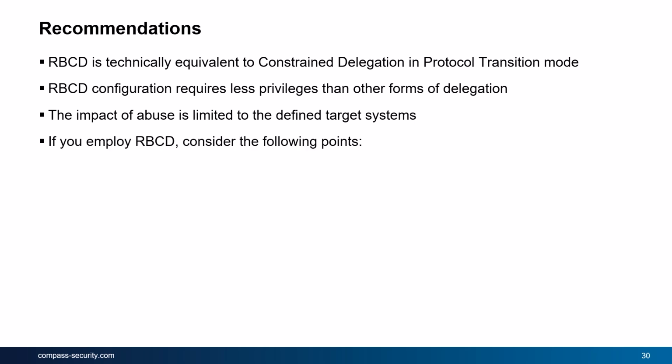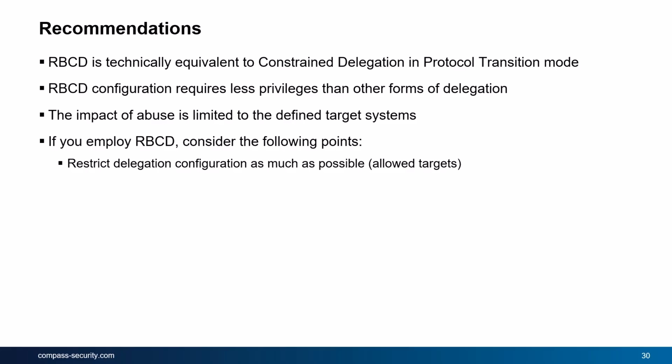So keep that in mind as well. If you employ resource-based constraint delegation, consider the following points. As with the other forms of delegation, the configuration should be as restrictive as possible, meaning delegation should only be configured on a system where it is actually required, and the respective privileges of the individual systems should be kept in mind.